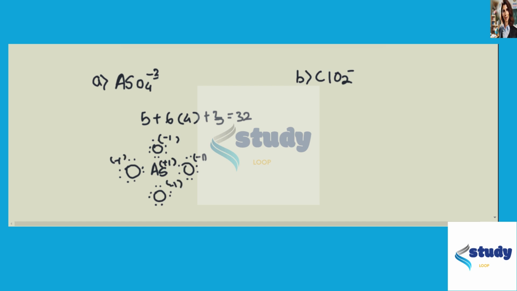So we can do a little bit better than this. We'd like the formal charges to be as close to the charge on the ion as they can be. So let's change this oxygen here. Move this pair of electrons between the oxygen and the arsenic atom. When we do that, we have a double bond, right?